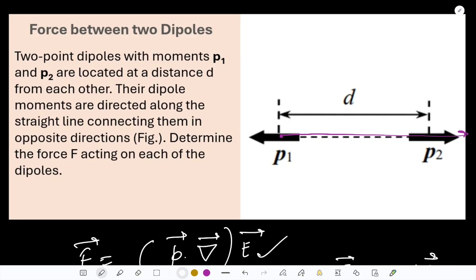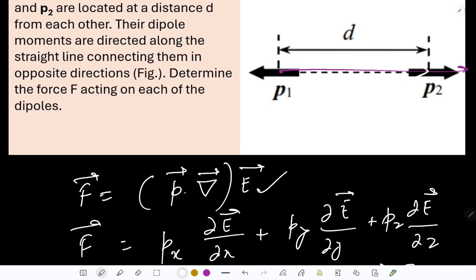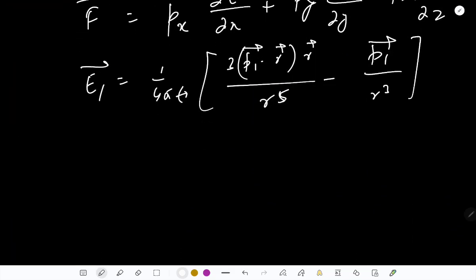You can see r is directed from P1 to P2, and the directions of P1 and P2 are opposite to each other, so cos 180 degrees is going to be minus 1, and we get simply minus 1 by 4 pi epsilon naught times 2P1 divided by r cubed as the result.